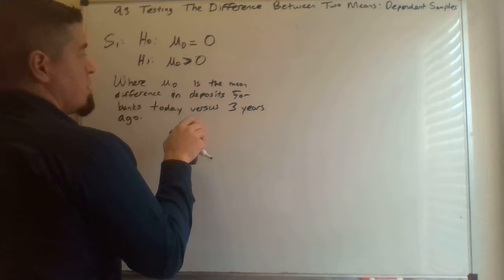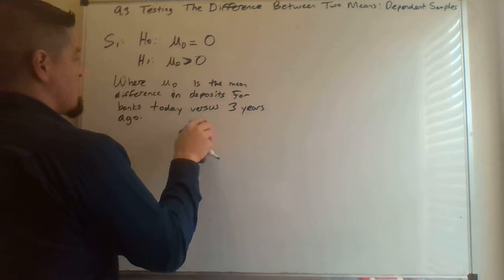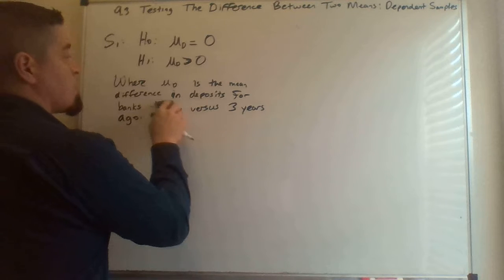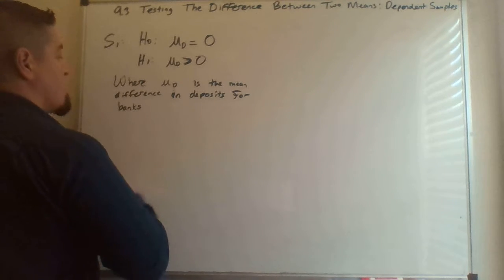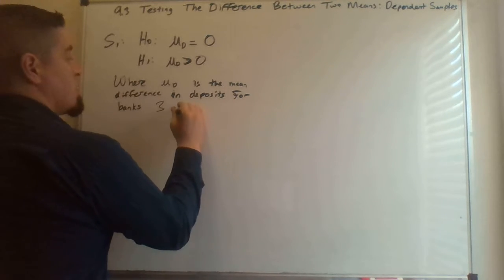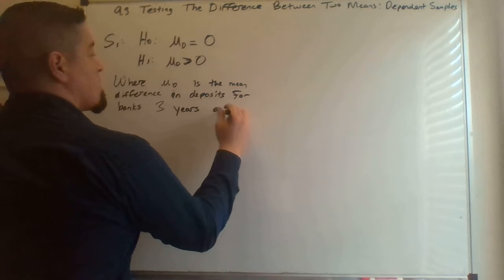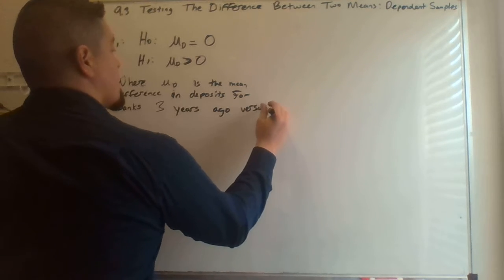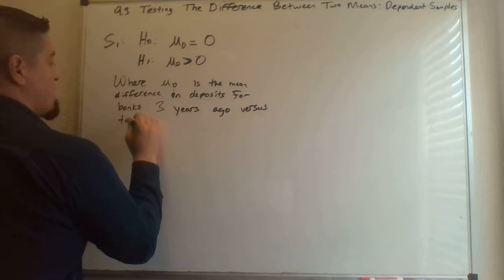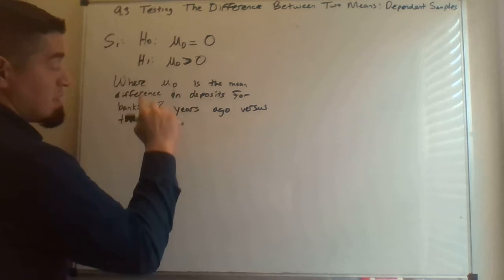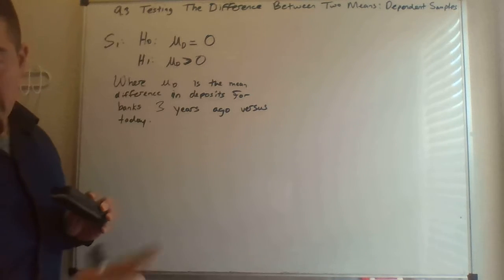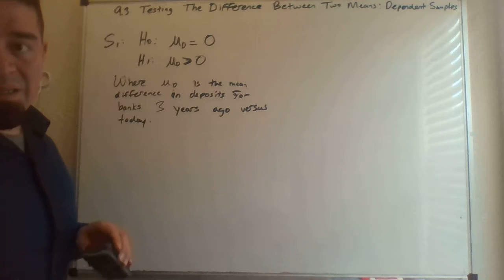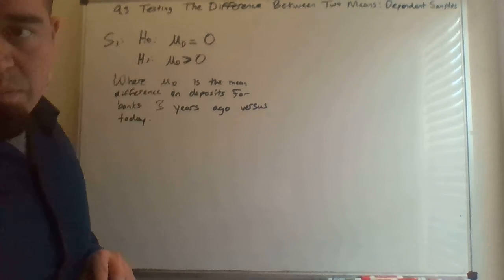So where mu sub d is the mean difference in deposits for banks 3 years ago versus today. Okay, so that actually means 3 years ago minus today's. Okay, that's the differences we're going to use.